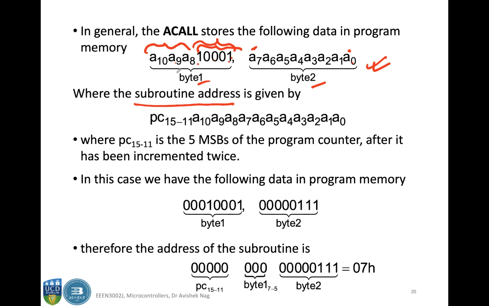My subroutine address will use all these 11 bits, A0, A1, A2, A3, A4 up to A10, and the remaining 5 are the 5 MSBs of the program counter.